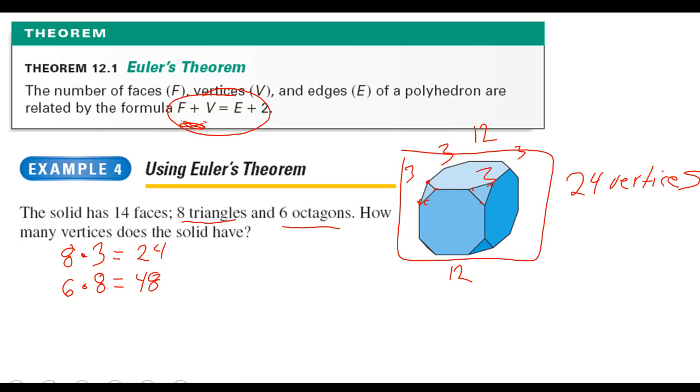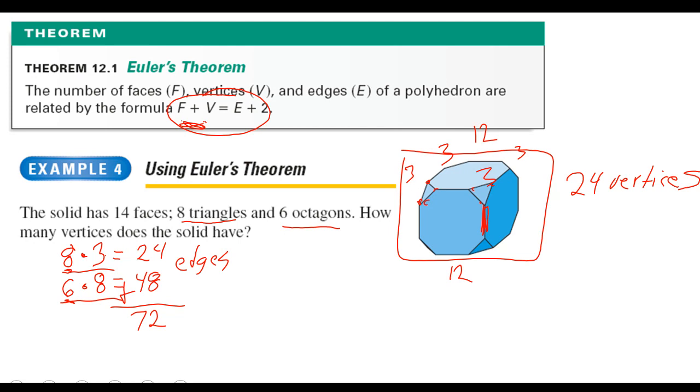What we just did was find how many edges there are for each type of shape. There's 3 sides and there's 8 triangles. There are 8 sides on an octagon and there's 6 of them. These are the edges that we have. If we add them together, we get 72 edges total.